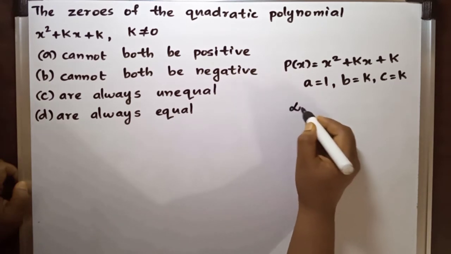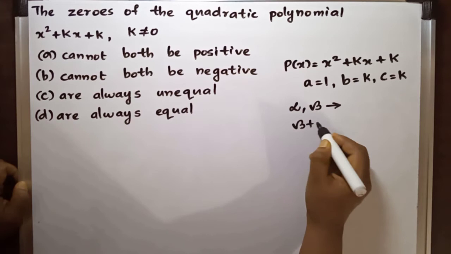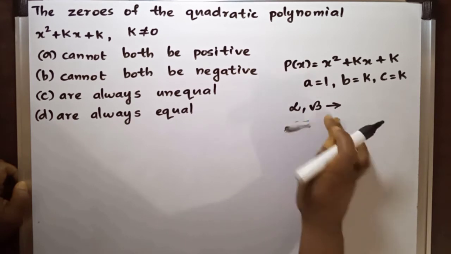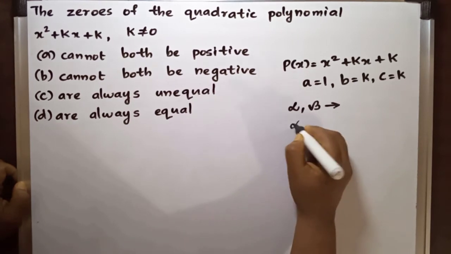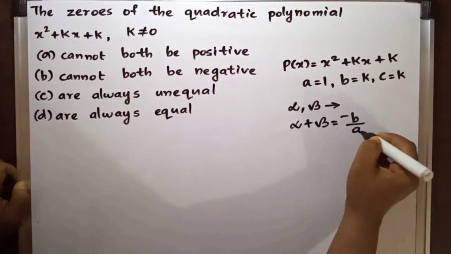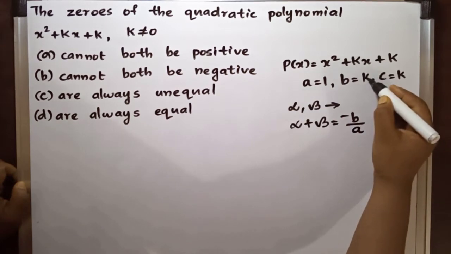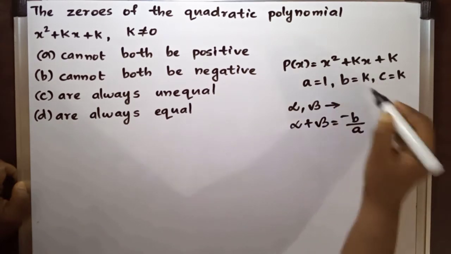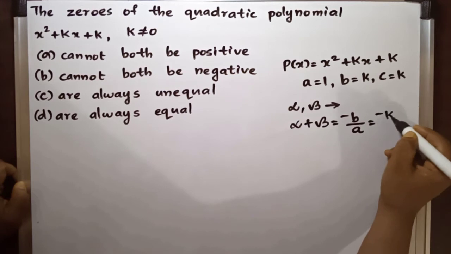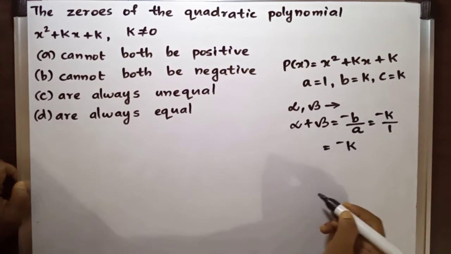Now, if alpha, beta are the zeros of the polynomial, then alpha plus beta, we have learned it in the important point video, alpha plus beta is minus b by a. Here what is b? K, and a is 1. So, this is minus k by 1, that is minus k.